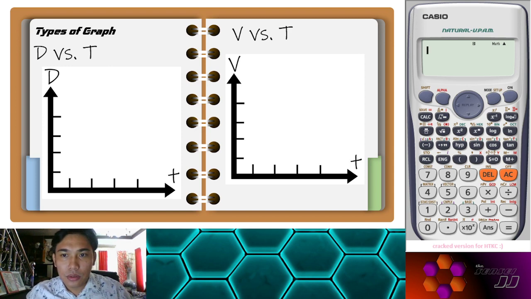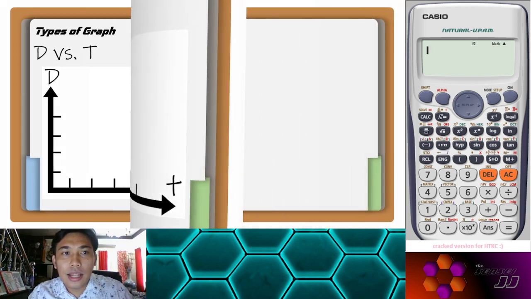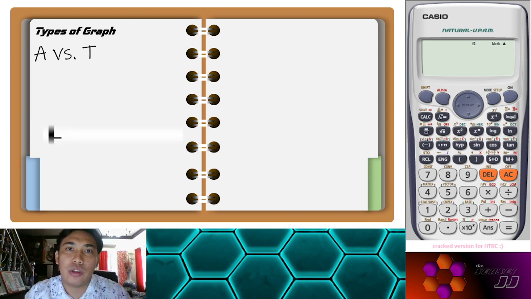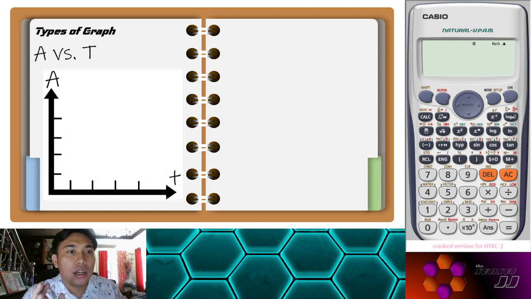Okay, so moving on. The last graph that we have is the a versus t, or the acceleration versus time. So as you can see here, our distance or velocity was changed to acceleration, but the time is still in constant position, which is in the x-axis.